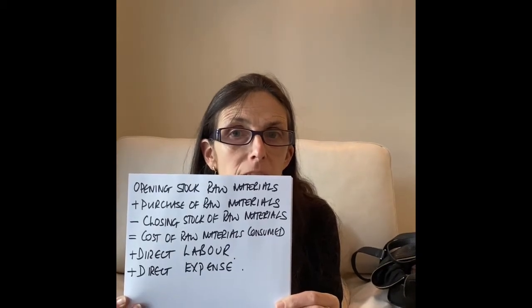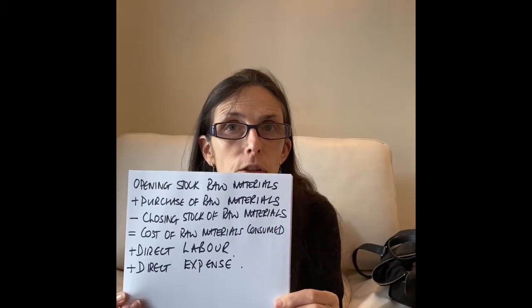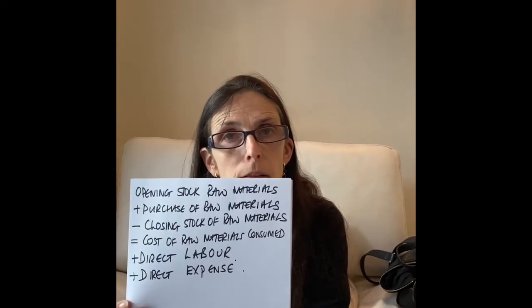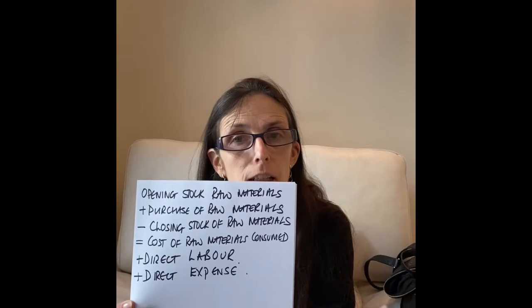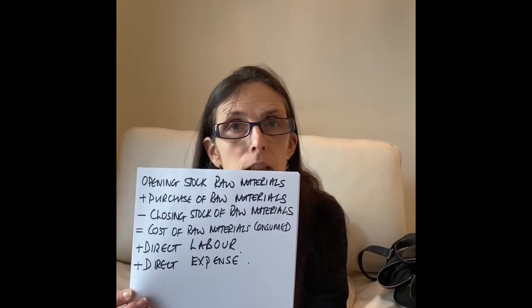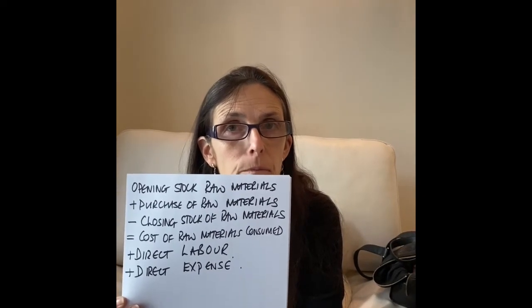These three direct costs, the cost of the raw materials, the cost of the direct labour and the cost of the direct expense, are all going to be added together to get the first section of the manufacturing account.